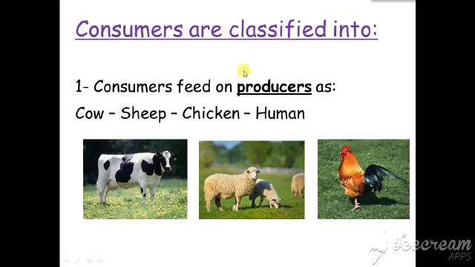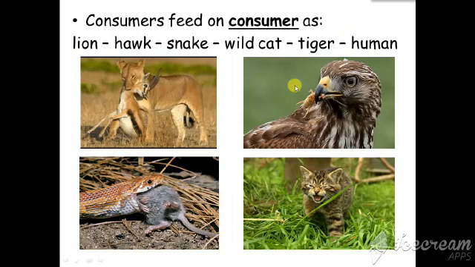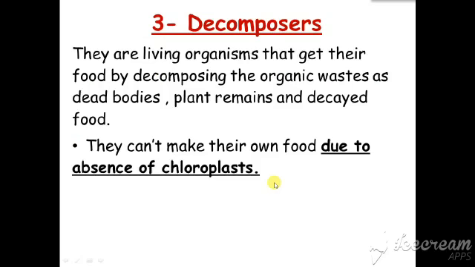Consumers are classified into 2 types. Consumers feed on producers, like cow, sheep, chicken, and human, and consumers feed on consumers, like lion, hawk, snake, wild cat, tiger, and human.